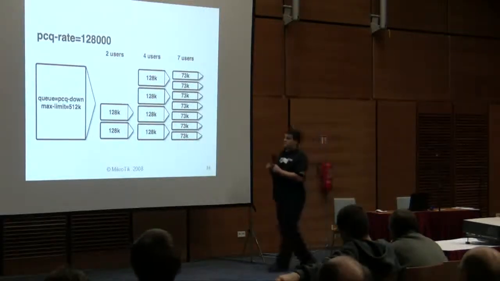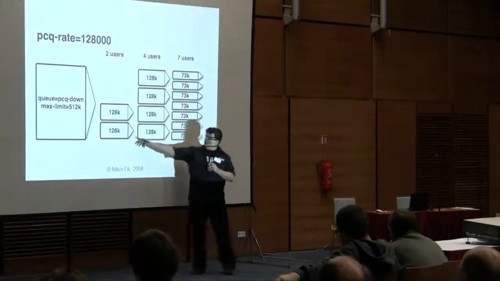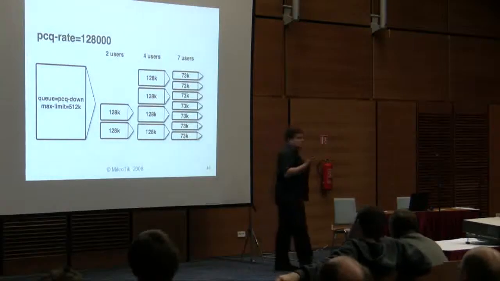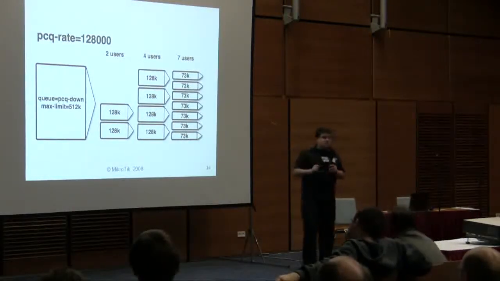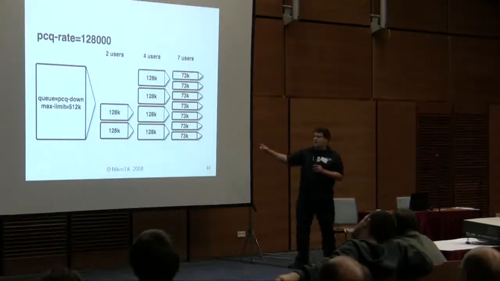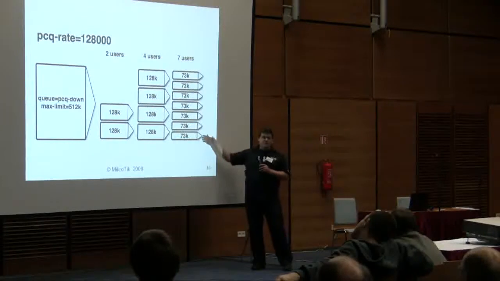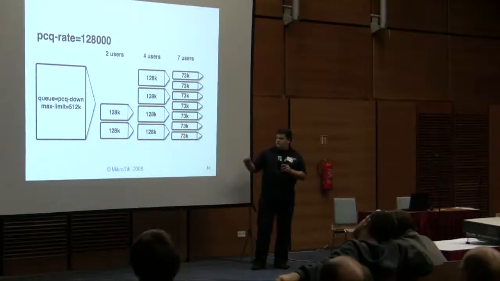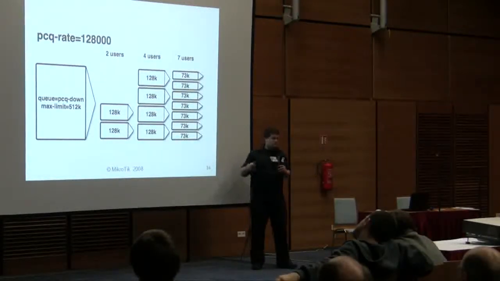So in this situation, they will get 128K as the PCQ rate set. But as soon as there are more customers, PCQ will try to divide the available traffic, which is 512K, equally. So in a 7 client situation, it will be around 73.